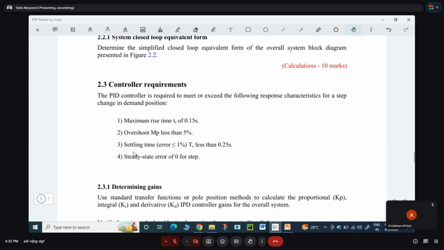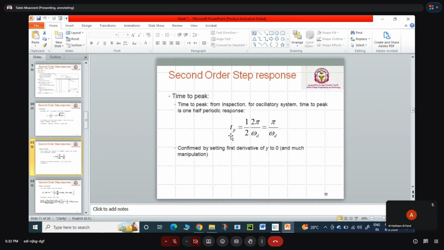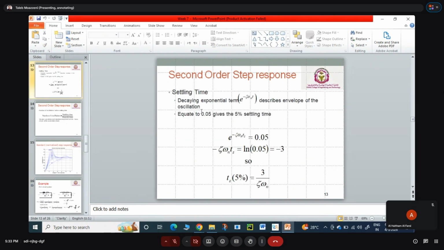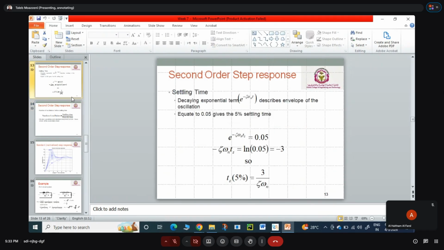Before any calculation of Kp, Ki, Kd, you should find zeta and omega_n. How? Slide number 7. In slide number 7, you see Tr equals this. All of these, settling time, peak time, and overshoot, are given here. The equations are all given here. So from these equations, you should find zeta and omega_n.